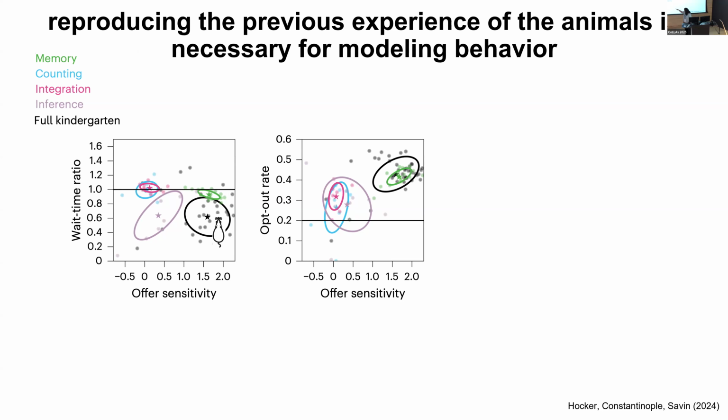The offer sensitivity and the wait time ratio, or the context sensitivity, are formal markers of how Bayesian-like the agent is. And the rat is in the black corners together with the kindergarten agent, but the working memory only pre-training procedure, although it gives you good offer sensitivity, gives you substantially poorer context sensitivity.